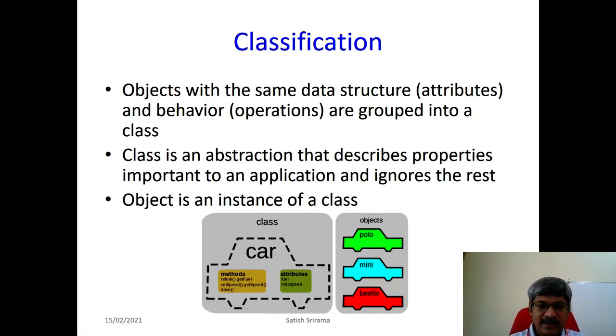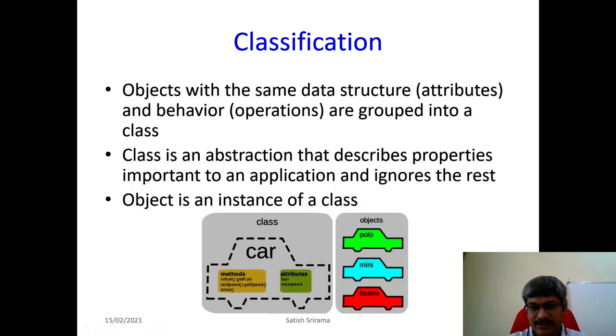And it will have certain operations, for example refuel, get fuel, drive, and so on. So this is a class. Then all the different types of cars, a Polo, a Renault, a Maruti Suzuki, all of them become objects. Each of them will have their own attribute values and method implementations.